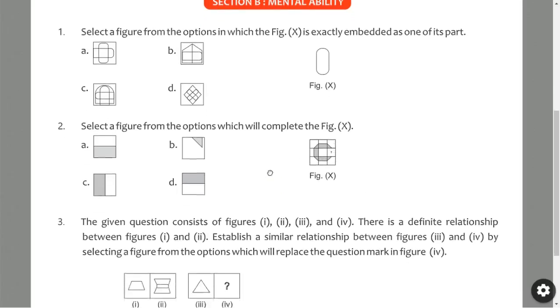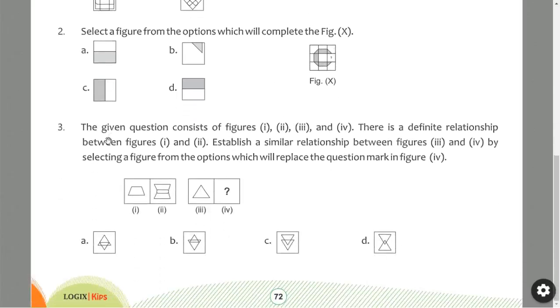Next question: the given question consists of figures 1, 2, 3 and 4. There is a definite relationship between figures 1 and 2. Establish a similar relationship between figures 3 and 4 by selecting a figure from the options which will replace the question mark in figure 4.